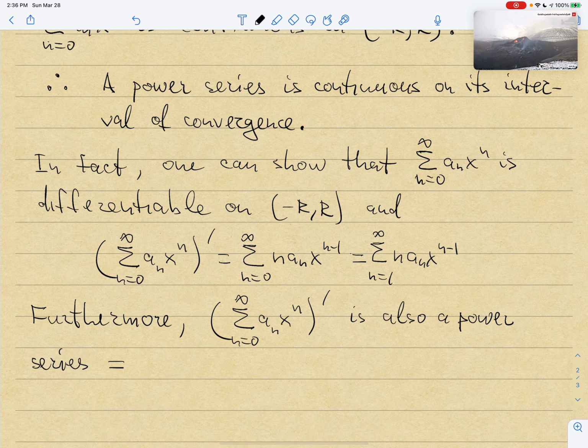And so therefore, this thing is also differentiable.